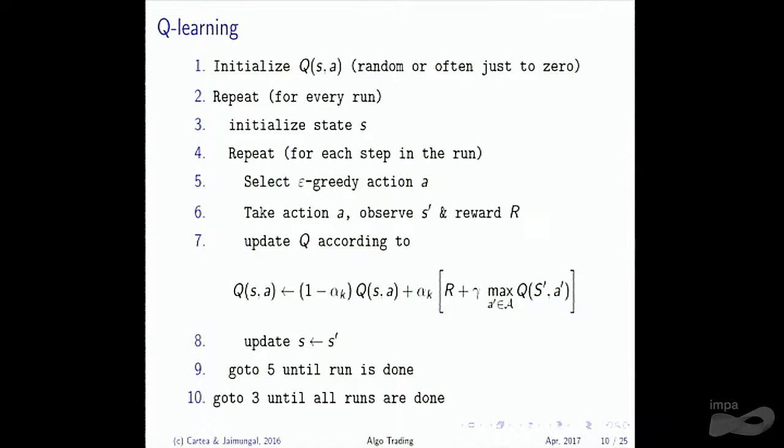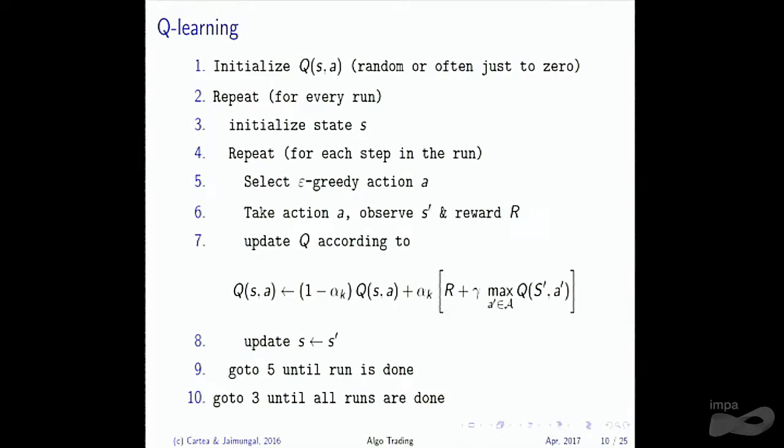Then you've taken the epsilon greedy action, you act on the system, so the system was in state S and you go to state S prime. You get a reward. So you observe S prime, you observe the reward, and you update this Q function using this formula. Take your old Q, multiply it by 1 minus alpha, and add alpha times the reward plus gamma times the maximum of Q at the new point in state space.